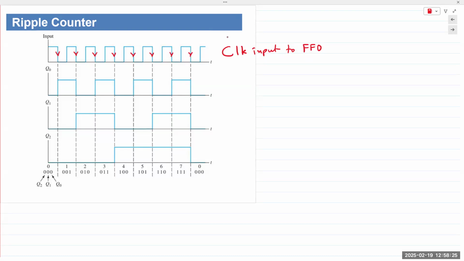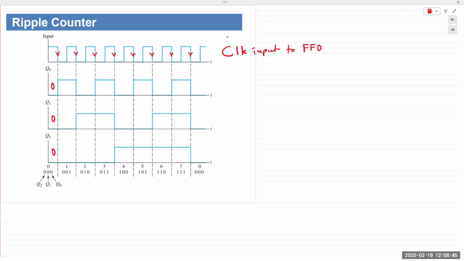Right, these are the negative edge triggers for the clock input. Q0, let's assume all of them were at 0, 0, 0, right? So 0, 0, 0 at the beginning. It's a reset to 0. You're starting to count up.